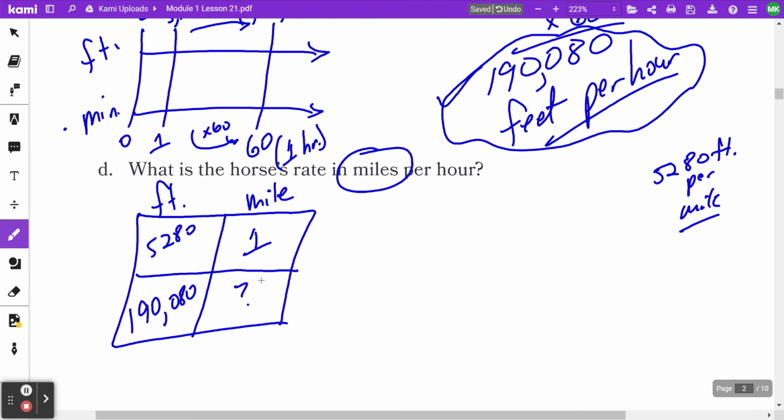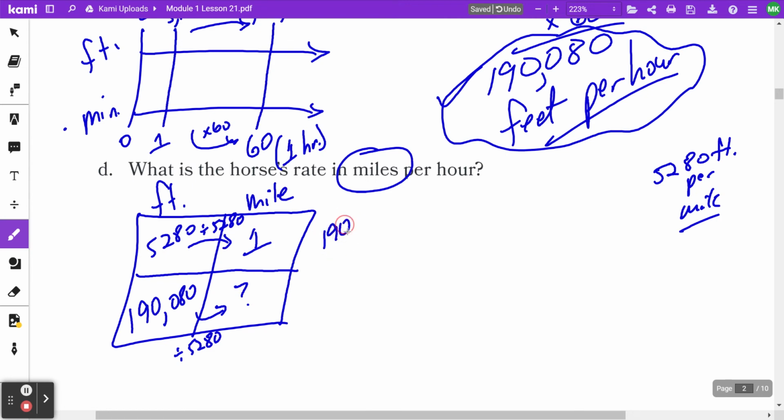Okay, so I'm looking for this guy. So my ratio chart's going to tell me what to do. Let's go across. What do you do to 5,280? To get 1, I'm going to divide it by 5,280. Well, if I do that to the bottom, I'm going to have to do that to the top. 190,080. Oh my gosh, that is such a big division problem.